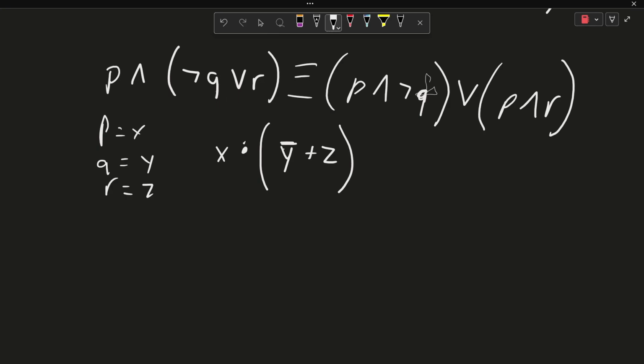It wants me to change P, Q, and R to X, Y, Z, but you could really just leave them as P, Q, and R. So I don't know why it wanted you to translate them.